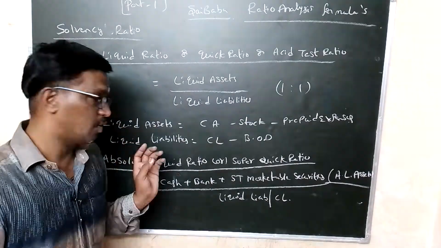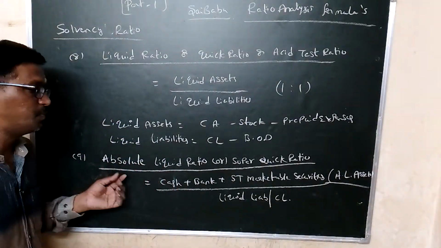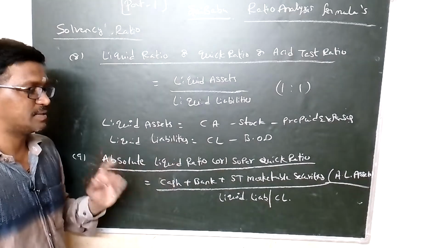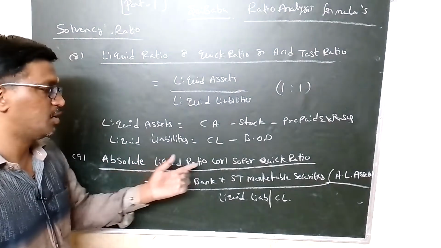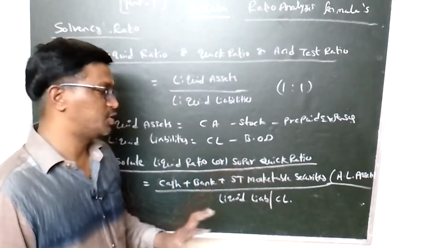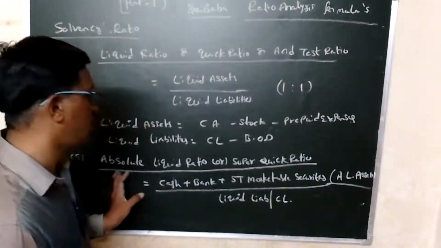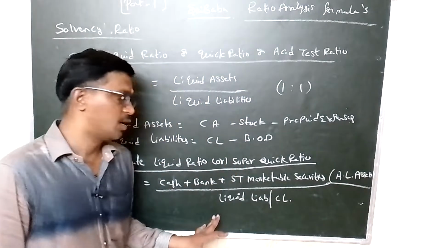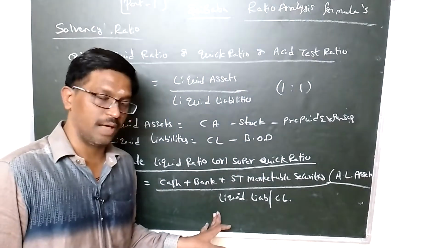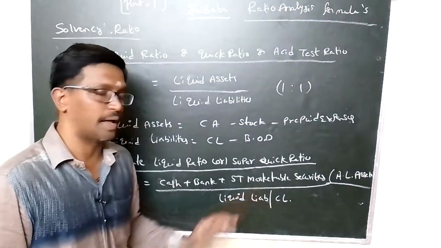Okay, next formula: absolute liquid assets ratio, also called the absolute super quick ratio. The formula is absolute liquid assets by quick liabilities, or liquid liabilities. If liquid liabilities are not available, current liabilities will be taken.